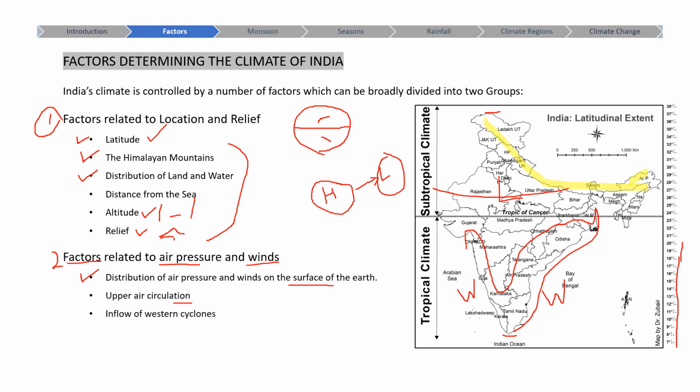There is a different system, and there is inflow of western cyclones, or western cyclone here, and these are the depressions and cyclones here also from Bay of Bengal. So these are the factors which are affecting the climate of India. We'll discuss one by one. So first we will take the factors related to location and relief.